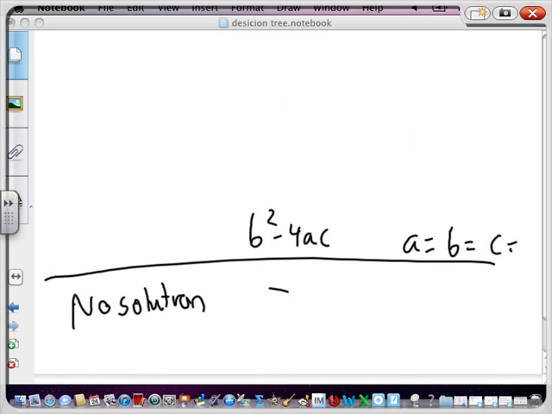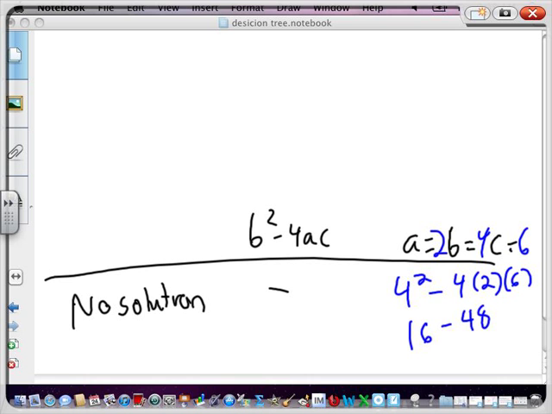What positive numbers do you want? 2, 4, 6? Okay. So b squared, so 4 squared, minus 4 times 2 times 6. 4 squared gives me 16. 4 times 2 is 8. 8 times 6 is 48. 16 minus 48.